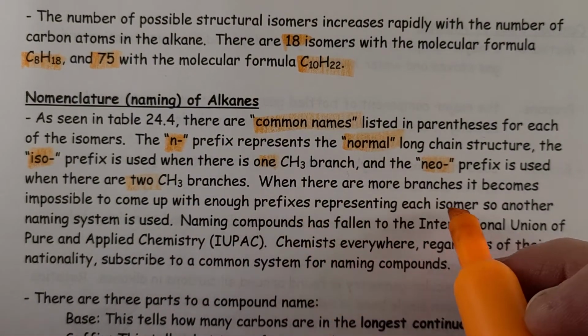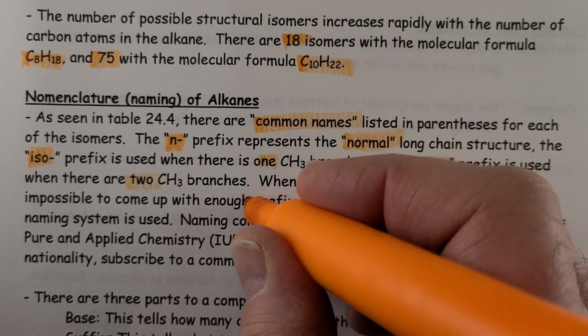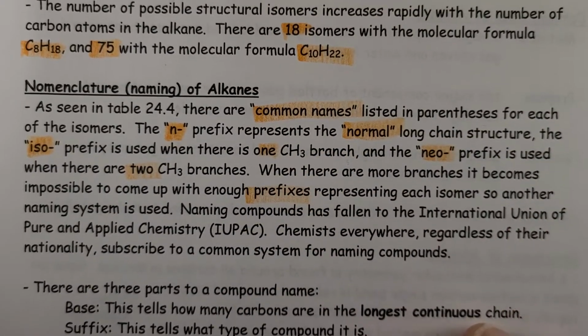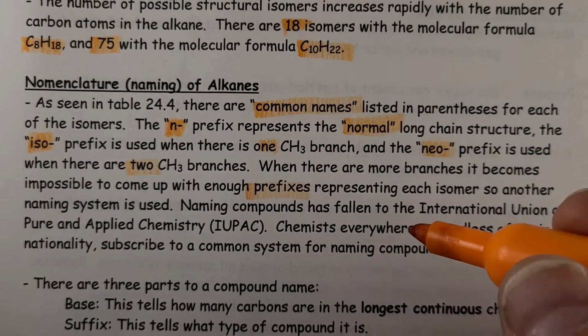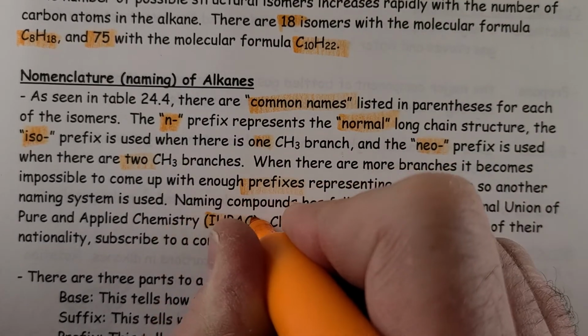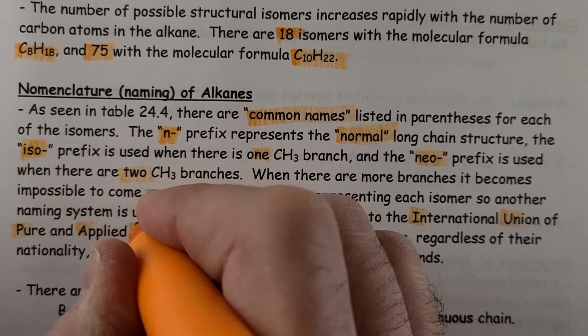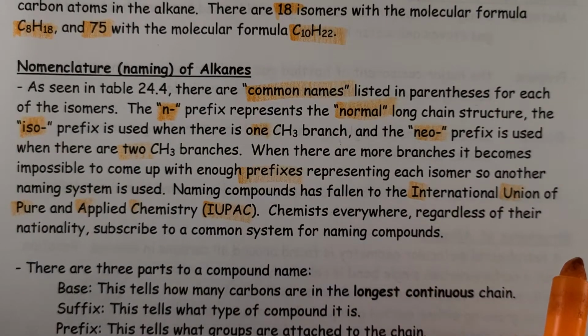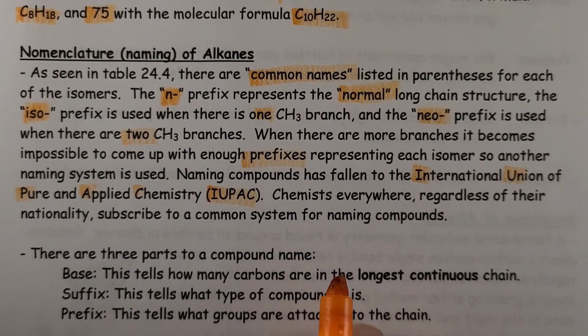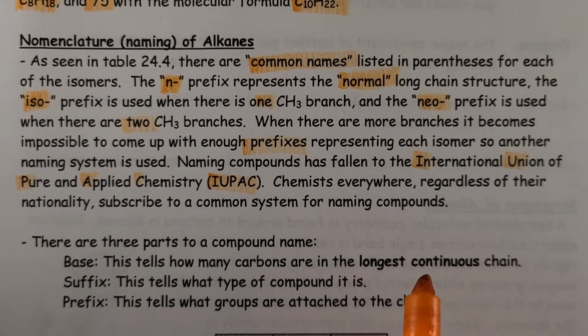When there are more branches, it becomes impossible to come up with enough prefixes representing each isomer, so another system is used. It's the IUPAC system, the International Union of Pure and Applied Chemistry. Chemists everywhere, regardless of their nationality, subscribe to a common system for naming compounds.